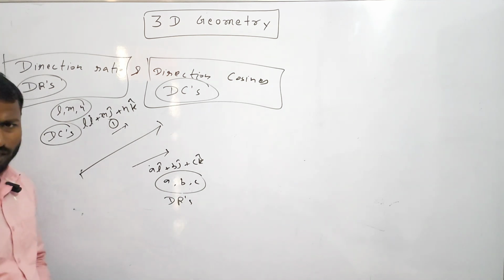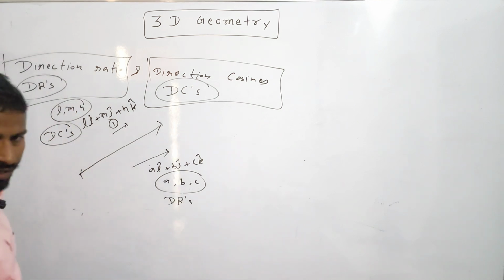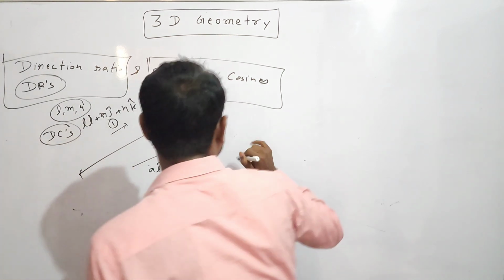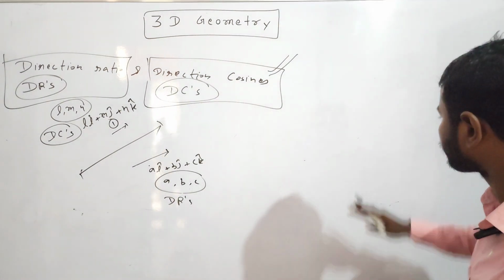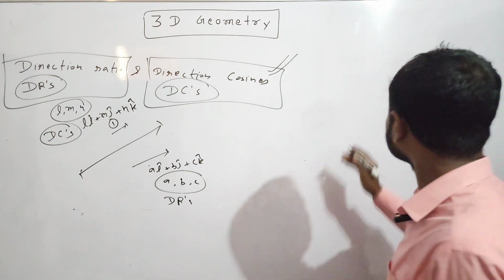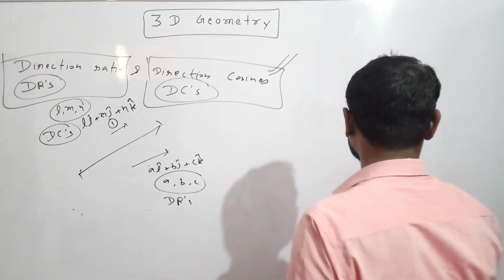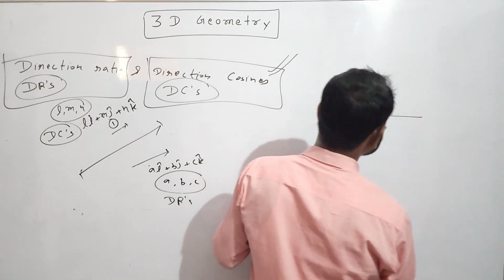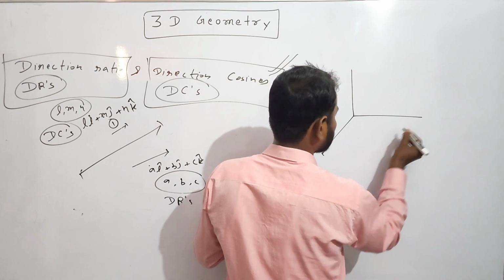One other explanation of direction ratio and cosine. Let's see what this is. Mainly direction cosine has a different approach. We have a line in 3D. This is the x axis, this is the y axis, and this is the z axis.